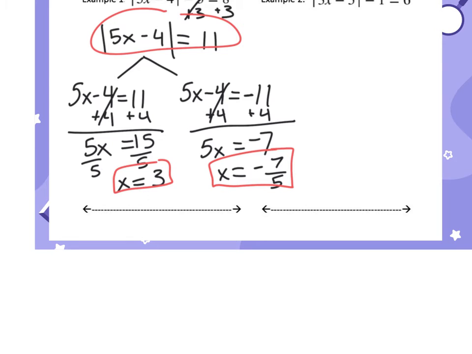Now it's time to graph them. How I'm going to do that is just put them in order on a number line, least to greatest. So I know -7/5 is less than 3, so 3 is going to be over here, -7/5 is going to be on the left. And then I'm just going to do a closed circle dot right above it. And all that means is that those are my answers. That is how I graph that.